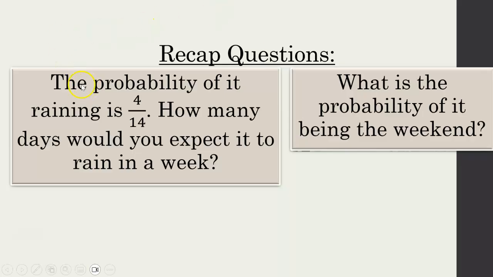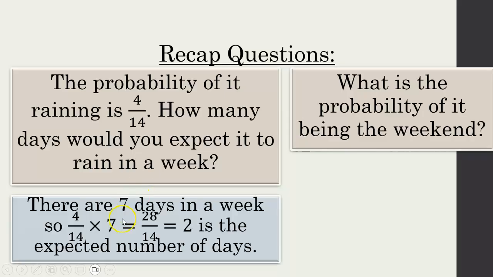So the first one: the probability of it raining is 4 over 14. How many days would you expect it to rain in a week? So, how would I do that? Remember, I told you the reason this number is important is we can just multiply it by how many trials we're doing and figure out the expected number.